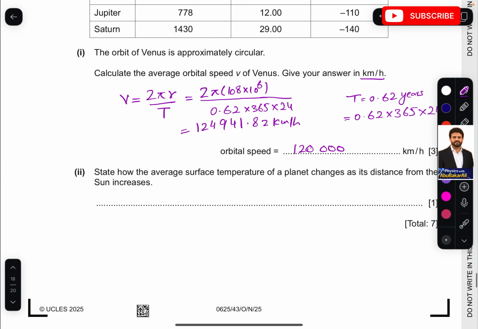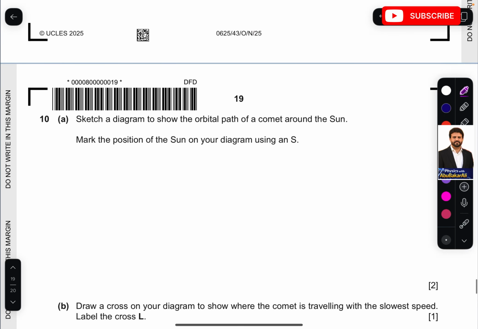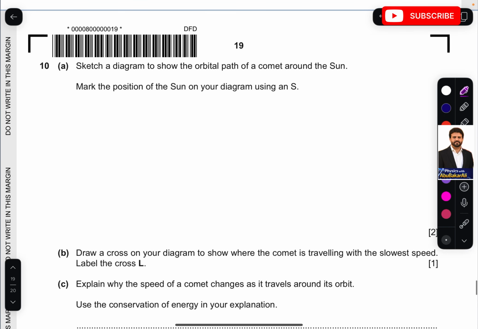In the second part, state how the average surface temperature of the planets changes as distance from the sun increases. When you move away from the sun, the temperature is decreasing. Okay. In question 10, this is also from space physics. Sketch a diagram to show the orbital path of a comet around the sun.